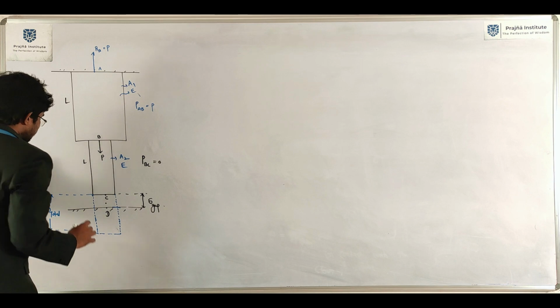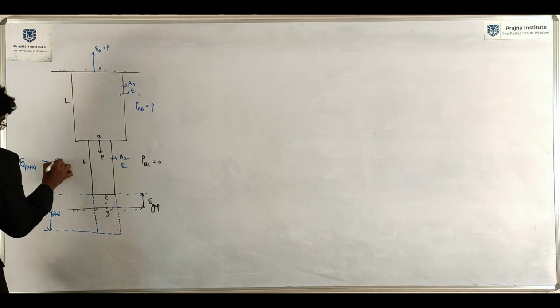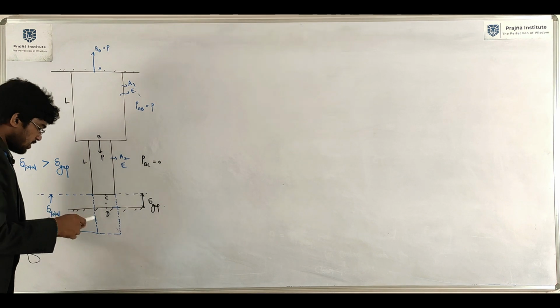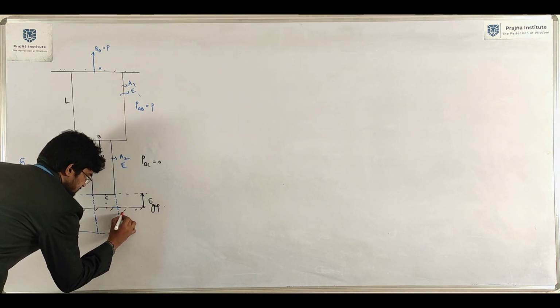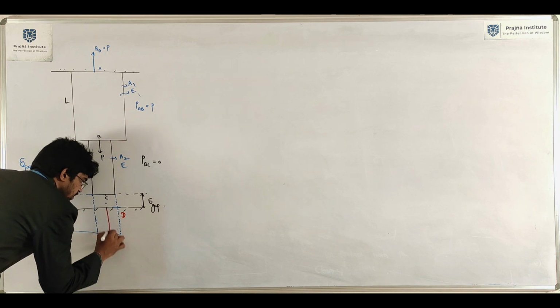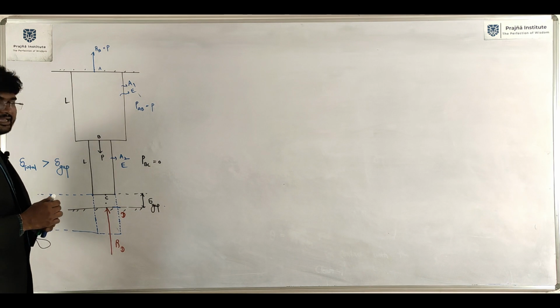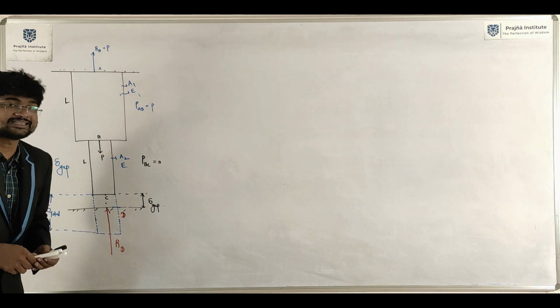Clear? So in this case, delta total is greater than delta gap. So now some reaction will come. Some reaction, I am assuming one direction, it is RD. Now I am assuming this particular thing.